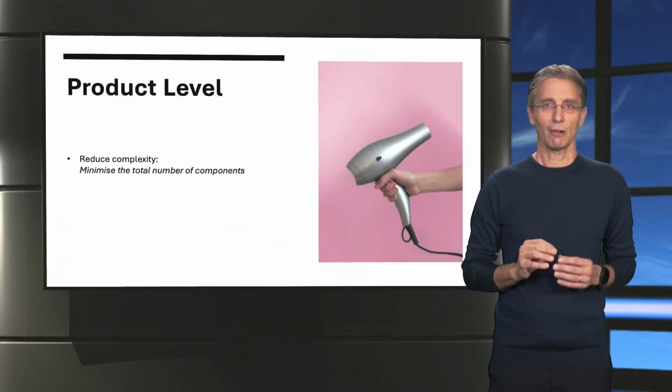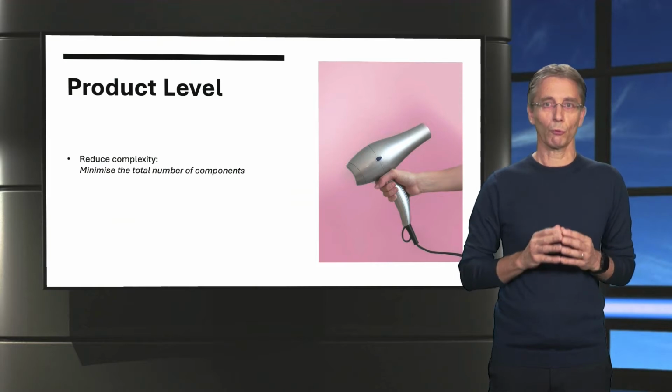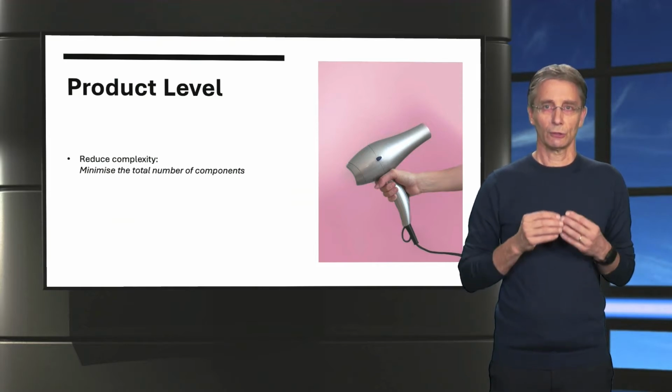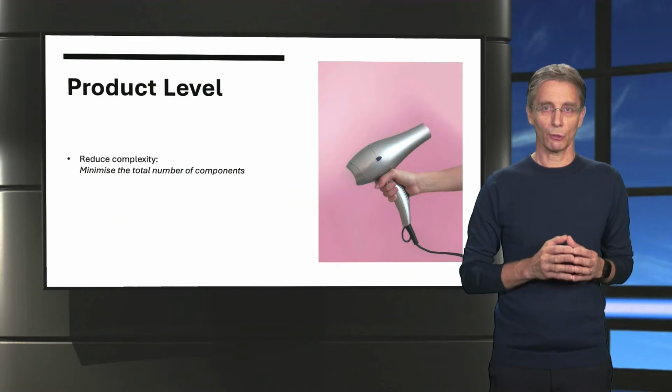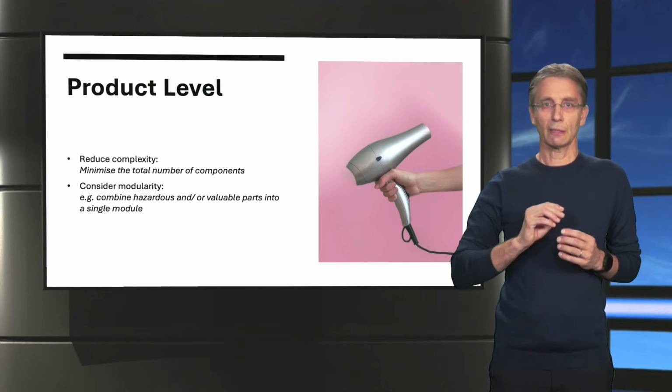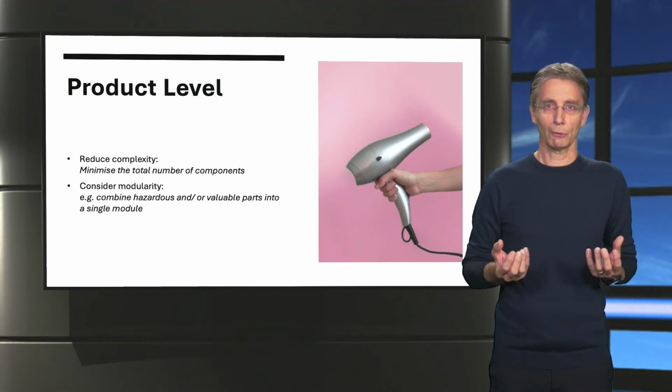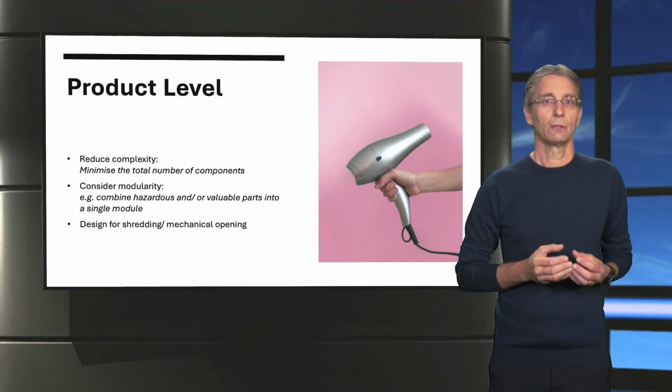In general, reducing a product's overall complexity will improve its recyclability, so it's usually helpful to minimize the total number of components. Also consider whether modularity can facilitate the separation of your product's components and materials.